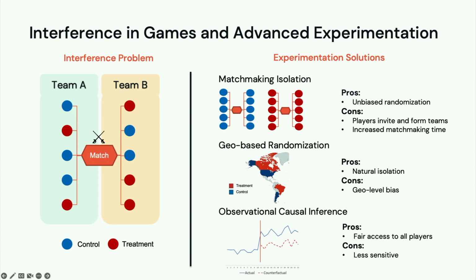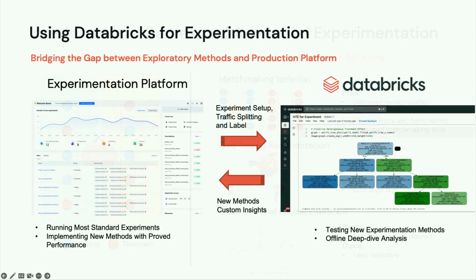So when we talk about those types of advanced experimentation methods, sometimes those methods are not available on our internal experimentation platform. So that's where Databricks can be super helpful. So we treat Databricks as an experimentation lab for our experimentation. Because once we have some new method we want to test out, we can first run this offline analysis to test whether this method actually works, in this case, by using Databricks.